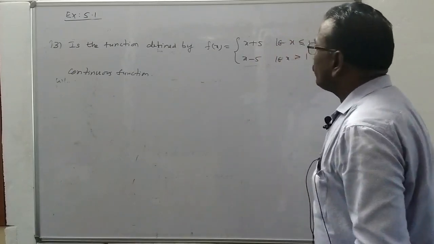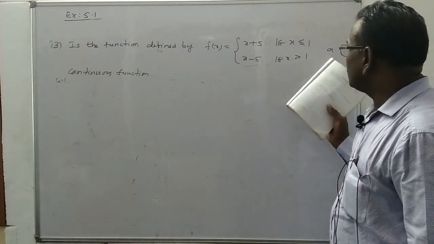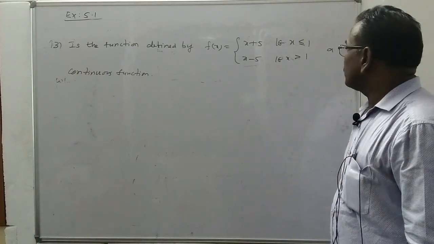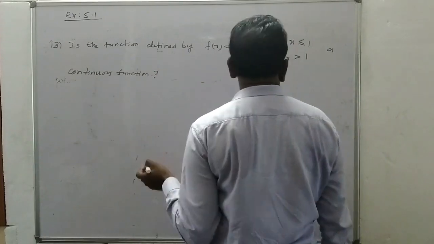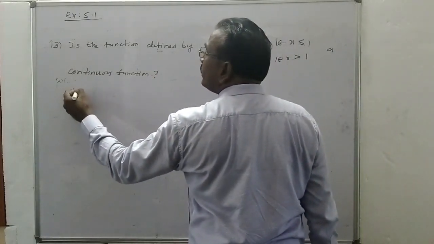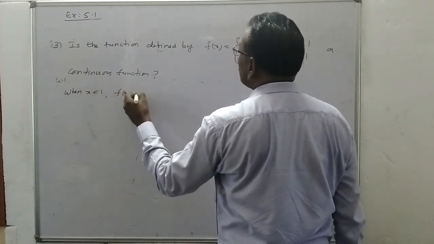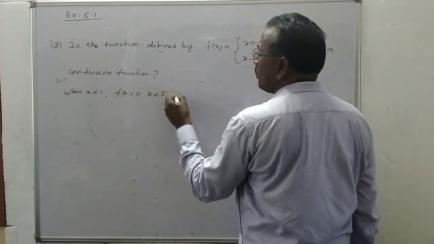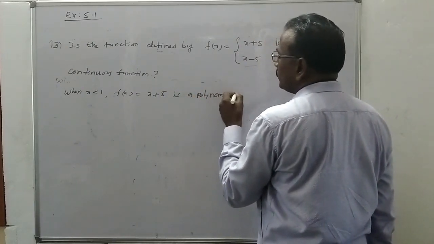The given function f of x is defined as x plus pi if x is less than or equal to 1, and x minus pi if x is greater than 1. Is it a continuous function or not is the question. When x is less than 1, f of x is x plus pi, which is a polynomial function.